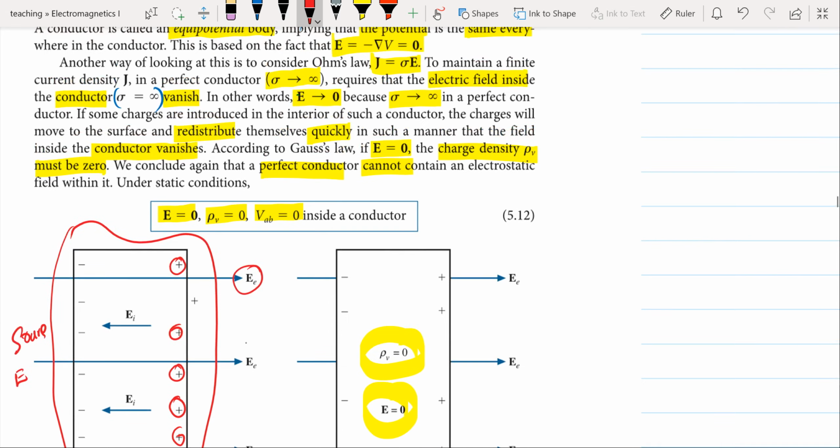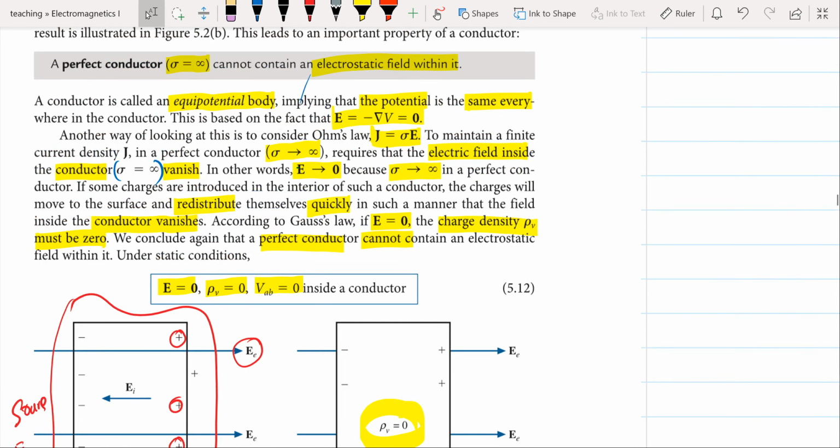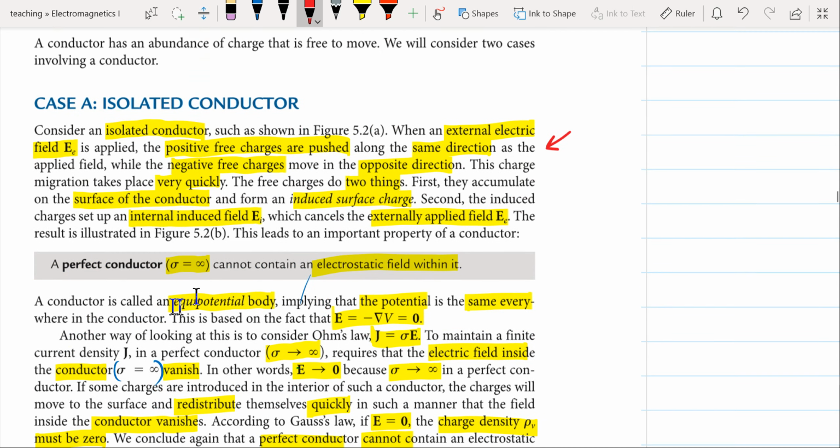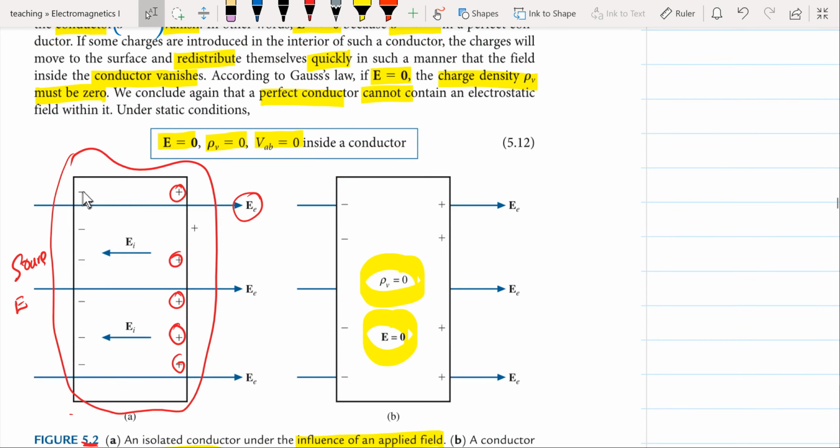And we also see that the negative charges move in the opposite direction. Also, as you can see, the negative charges accumulate on the surface of the other side of the conductor.